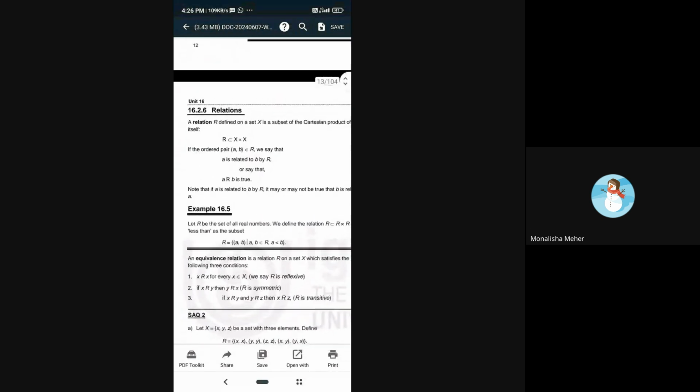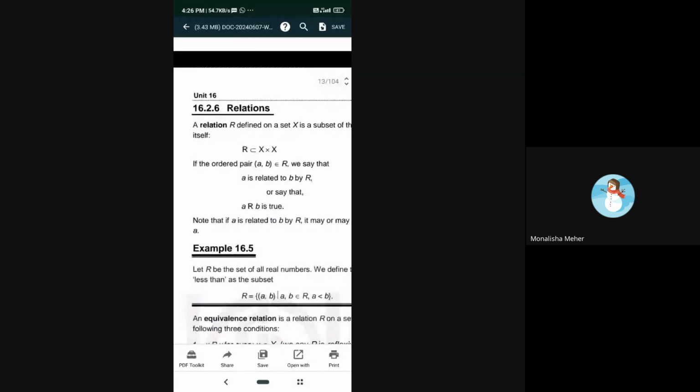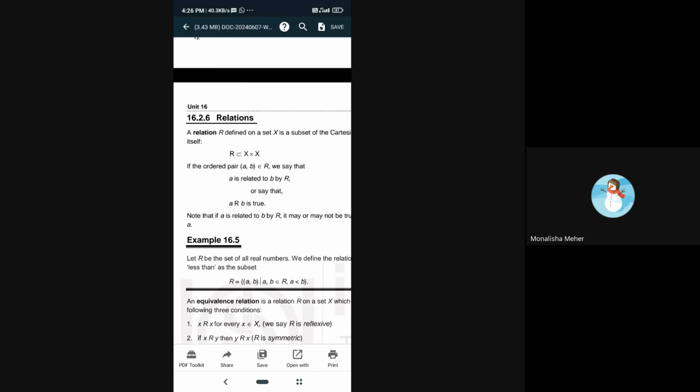Then relations. A relation capital R defined on a set capital X is a subset of the Cartesian product of capital X with itself. This can be written like this. R is a subset of Cartesian product of X. If the ordered pair A comma B belongs to R, we say that A is related to B by capital R, or say A R B is true.